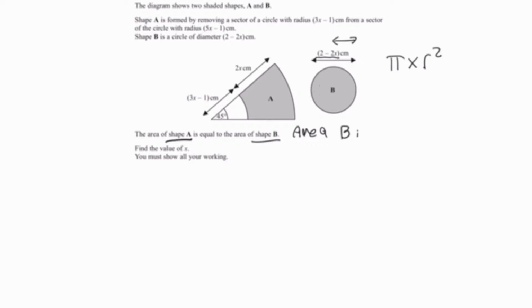So to get the radius, we just halve it. So we do (2 minus 2x) all divided by 2, which is 1 minus x. So this is our radius, r. So to get the area of B, we just do pi times r squared, so pi times (1 minus x) squared. So that's the area of B.